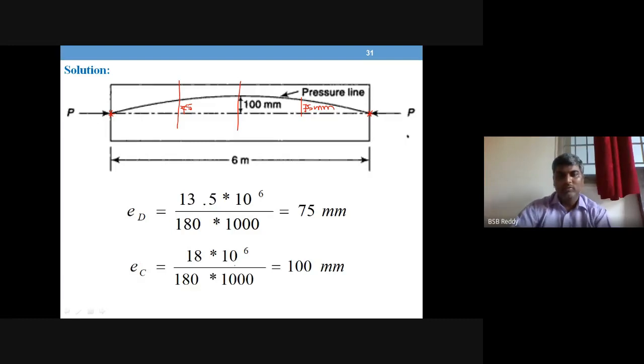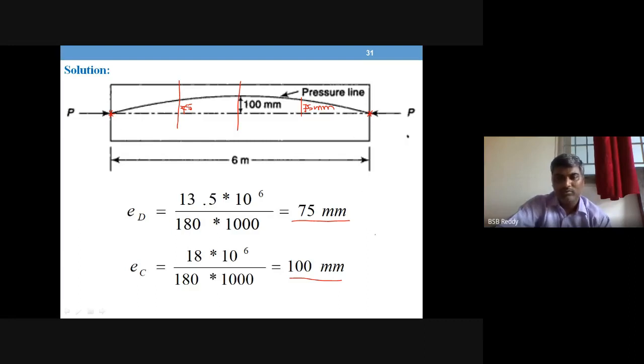So these are, in short, the solutions that we have worked out, kept here. D is the location where we have taken 1/4. C is 100. So this problem is just to draw the pressure line.